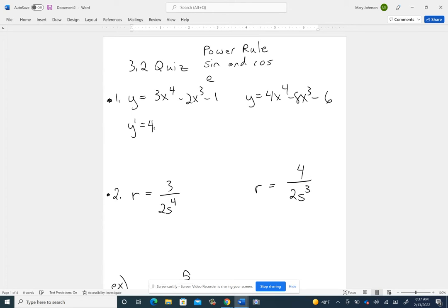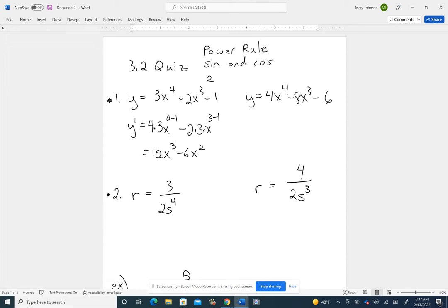So you bring down the exponent, do 4 times 3, then x to the 4 minus 1. Then you're going to have minus 2 times 3 times x to the 3 minus 1. And then the derivative of a constant we know is 0. So we wind up with 12x to the third minus 6x squared, and that's all there is to it. Okay? So that was a normal ordinary polynomial.